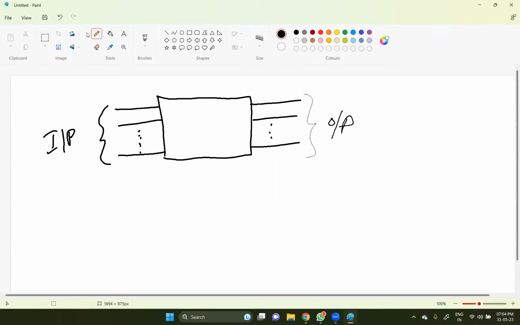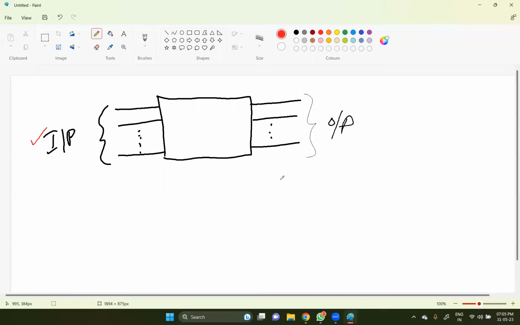For any instance of time, the output variables will always depend upon the input variables here. That is the point you need to remember in terms of combinational circuits. The outputs will be given from the specific inputs here.